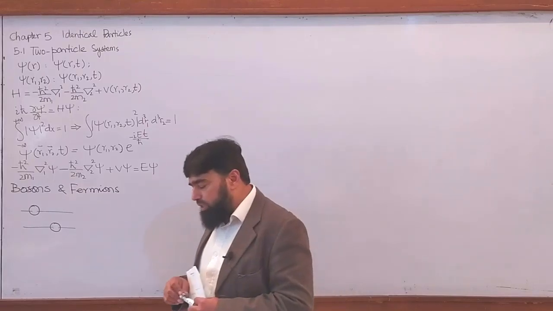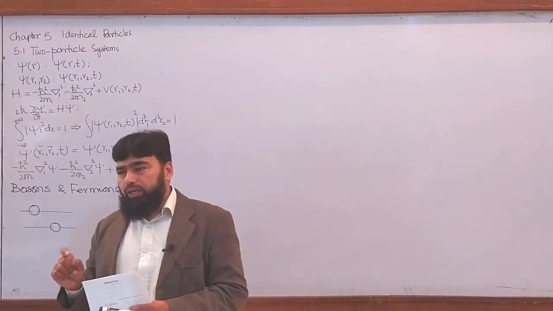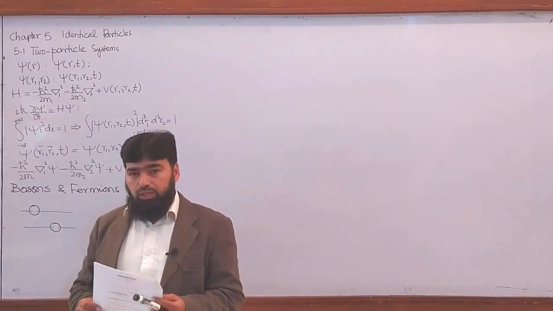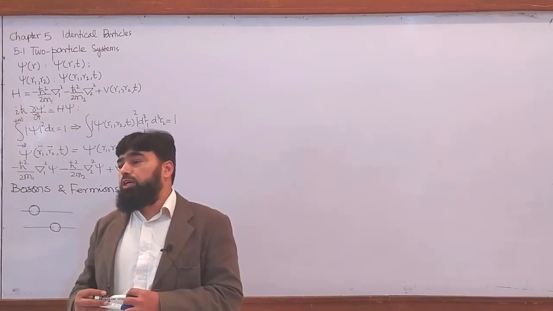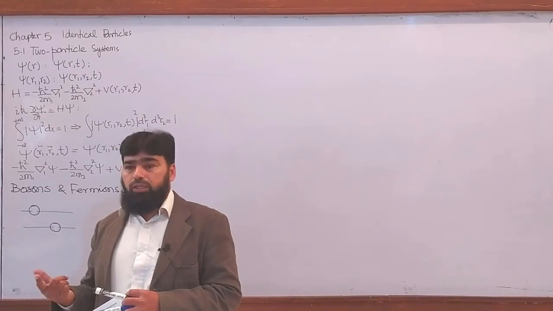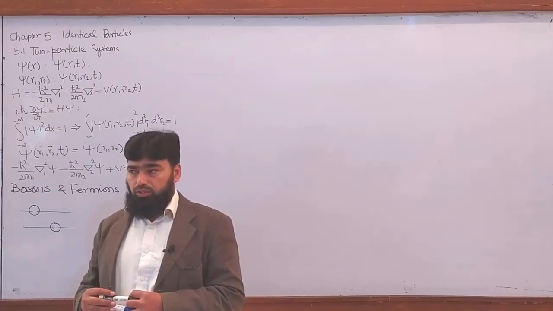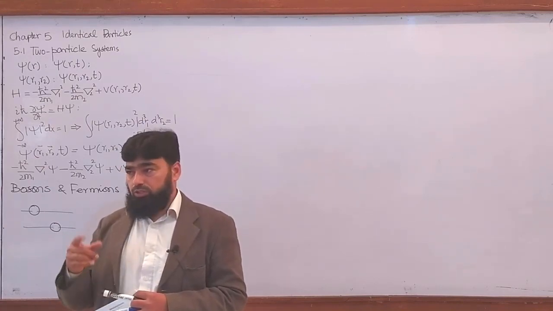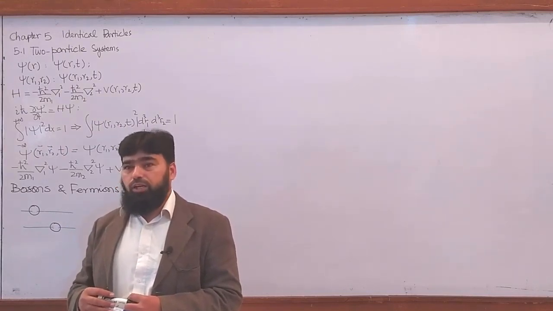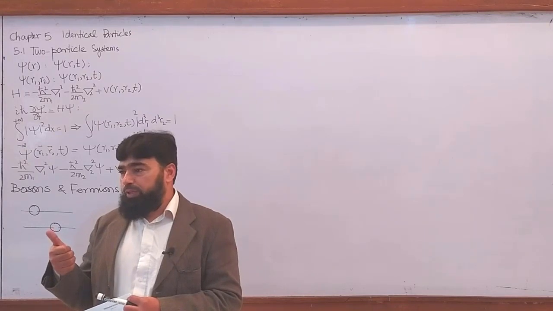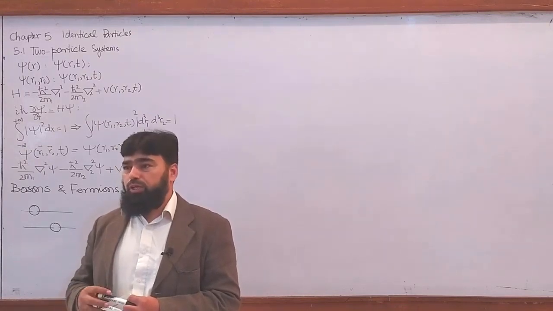Now, tell me one thing. Electrons are identical particles, can you recognize one electron from the other? Yes. Someone said by spin, we can recognize them. One will have spin up and the other will have spin down.